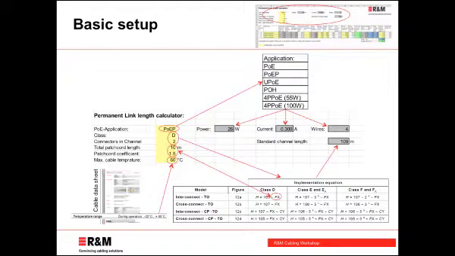And the final step, you will have to put in the maximum allowable cable temperature, which you get typically from a cable data sheet with something like here, temperature range, normally up to 60 degrees.